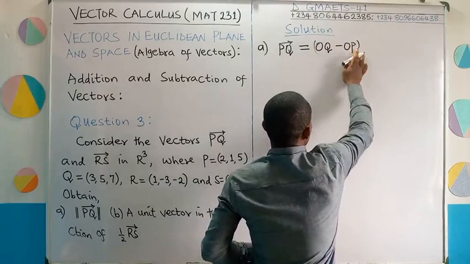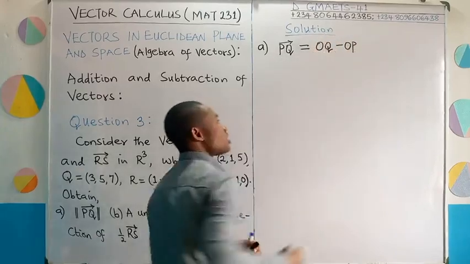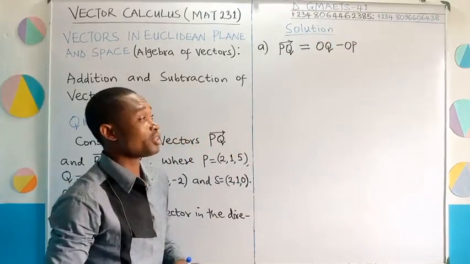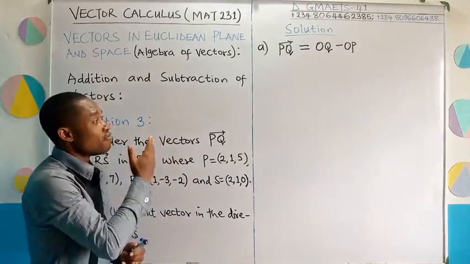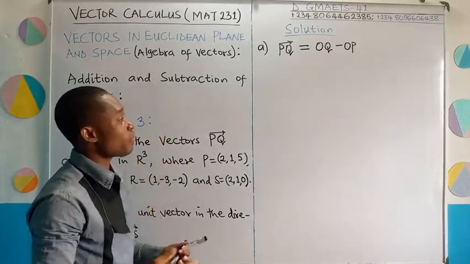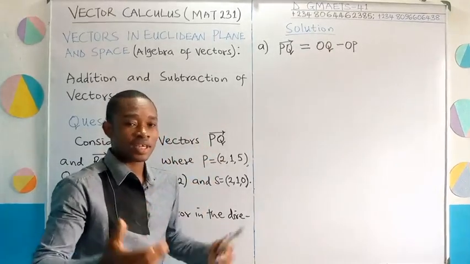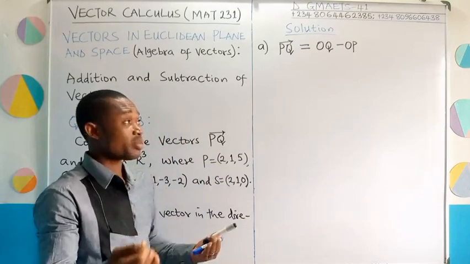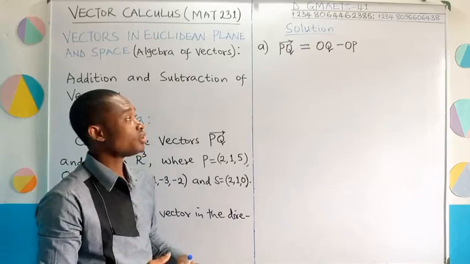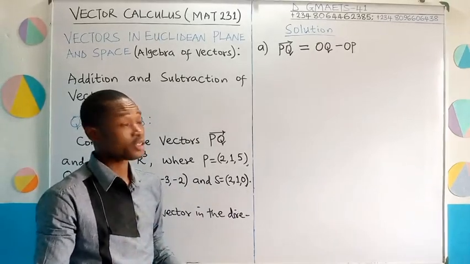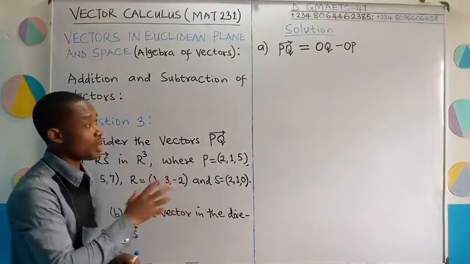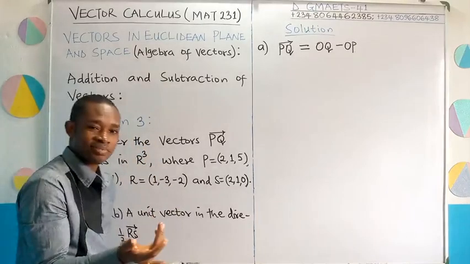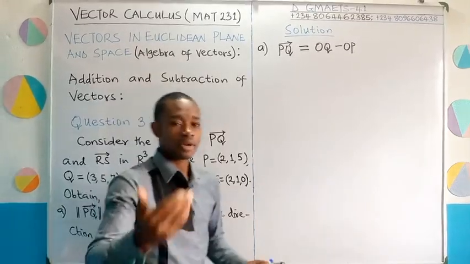Please take note that this concept of OQ and OP, I think from my introductory class of vectors in Euclidean plane and space, I explained that that O is taken as origin. So the coordinate of that point O is (0, 0, 0) for 3 dimensions, and simply (0, 0) for 2 dimensions. So here, since P and Q are in 3 dimensions, that point O is also (0, 0, 0).